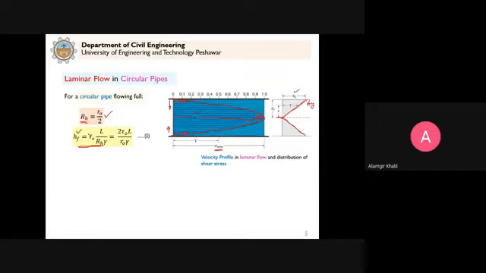So tau naught bar is equal to L divided by RH into gamma, the specific weight of the fluid. We derived this equation while discussing the major head losses.